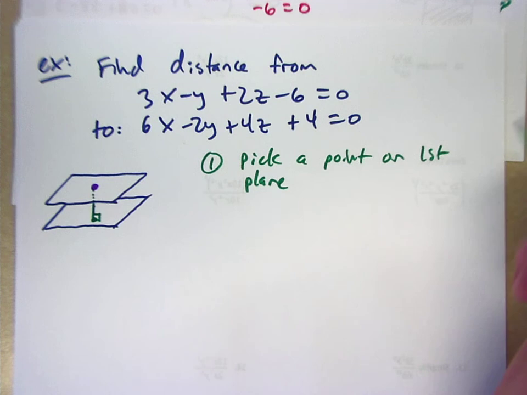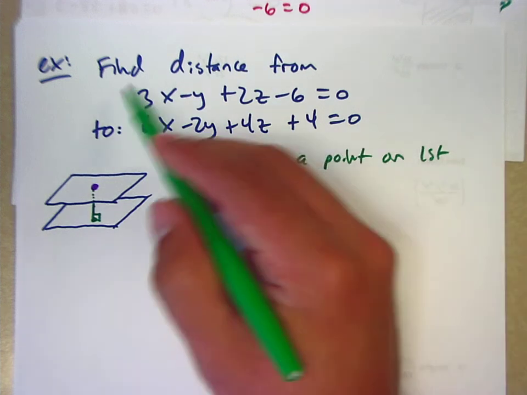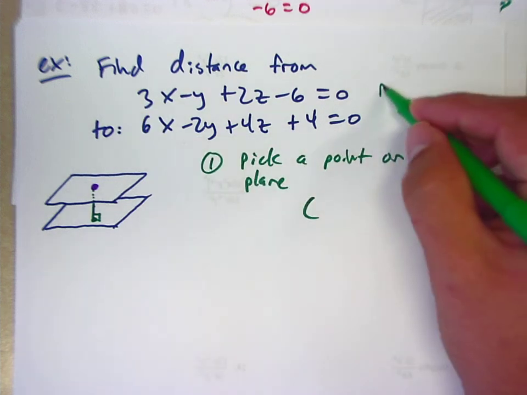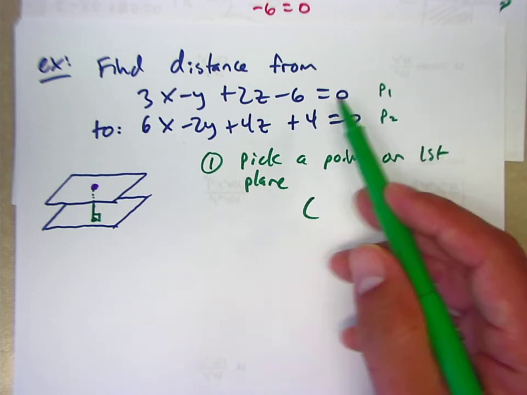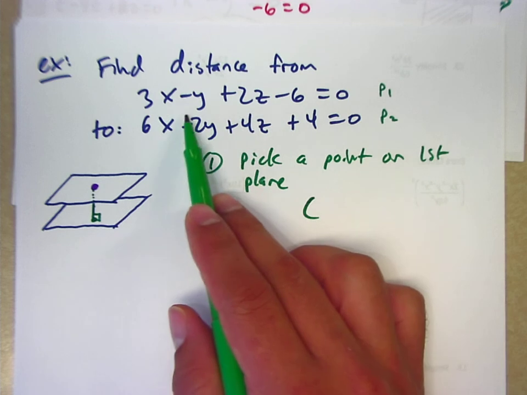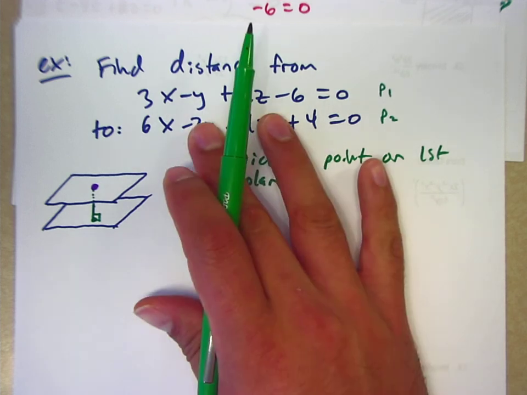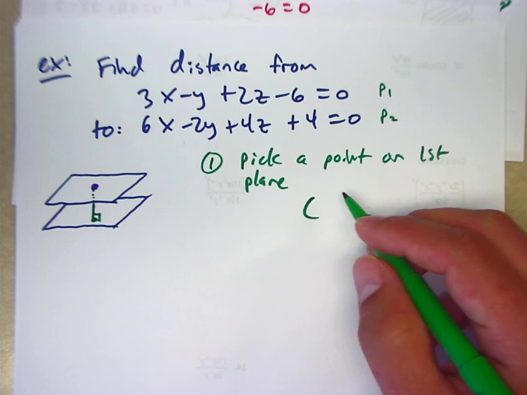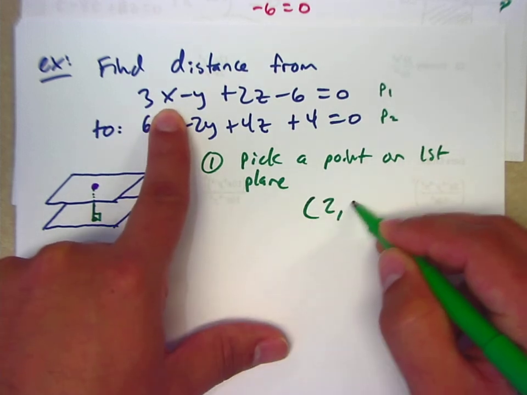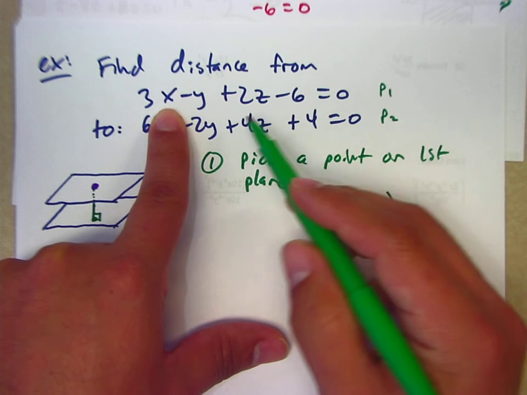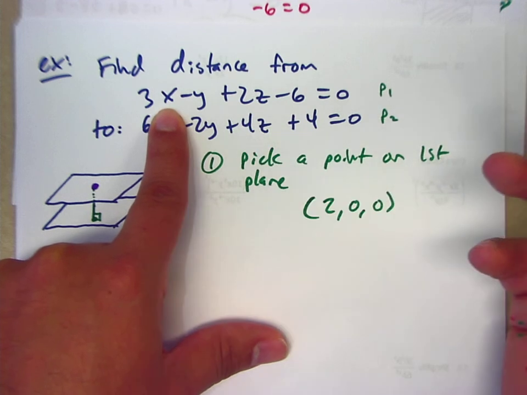So this is my plane 1, plane 2. If I'm looking at plane 1, the easiest point would probably be, just set 2 out of the 3 variables equal to 0, and then solve. So for example, if I get x, you're going to get 2, 0, 0, right? So in other words, I found the x-intercept. That's a pretty easy point to find. So is the y-intercept.